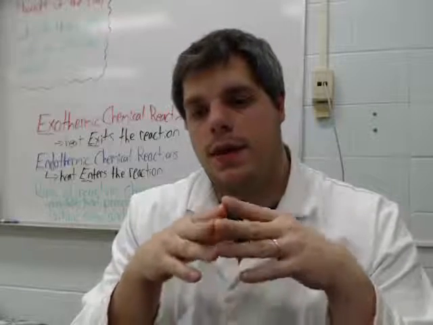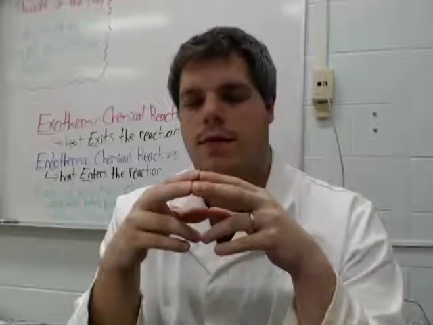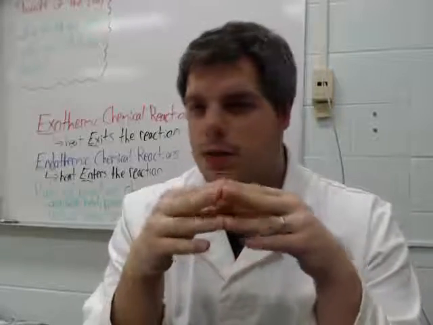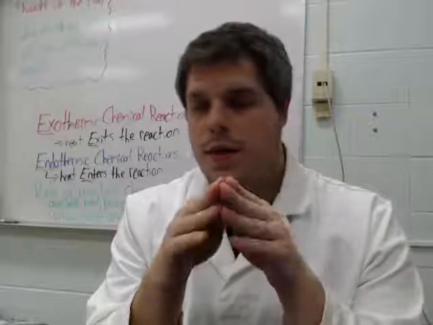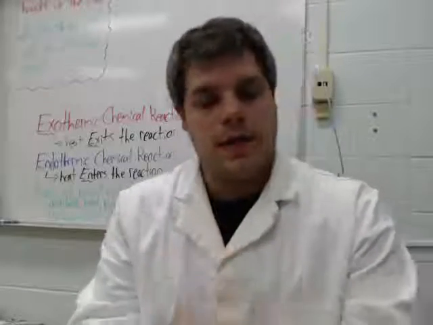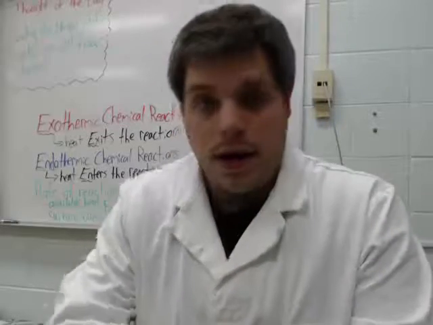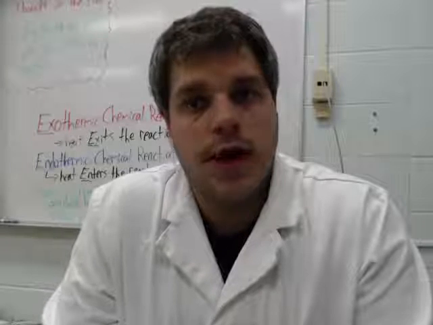Now the elephant toothpaste is a great example of the rate of reaction, because there was another key ingredient in that chemical reaction that was important. That was the potassium iodide. It doesn't actually chemically react with the hydrogen peroxide at all. What it actually does is it catalyzes the chemical reaction.